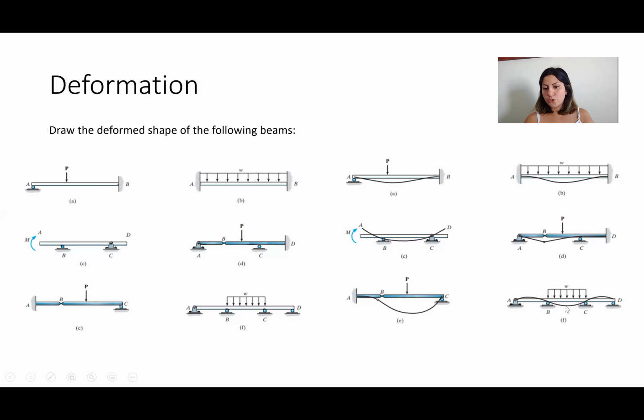So you push it downward and then you have to continue here because it is a continuous beam, you cannot break it. So it has to go up and then come back to the support.